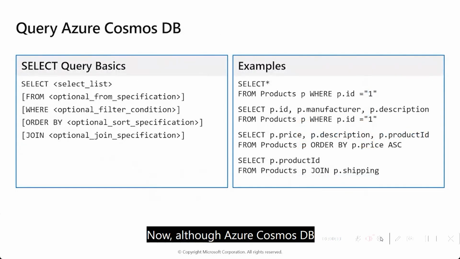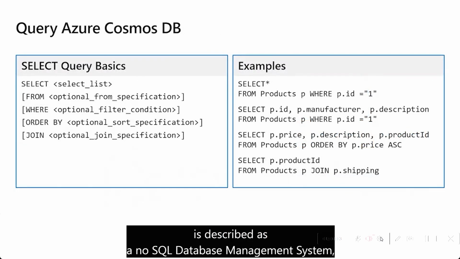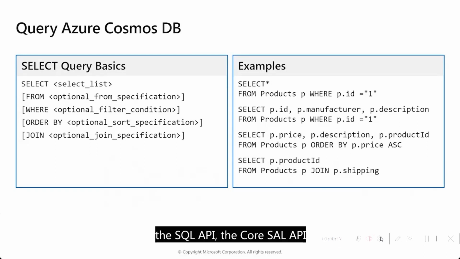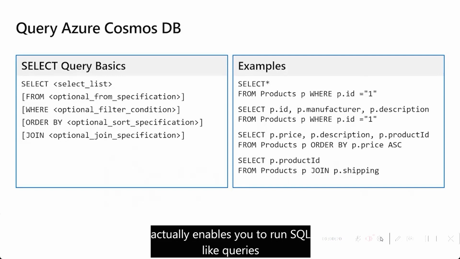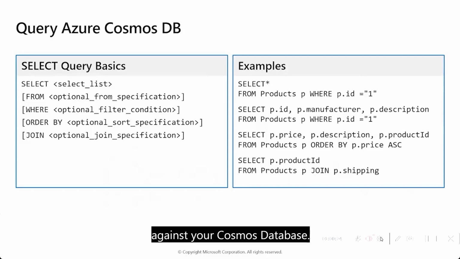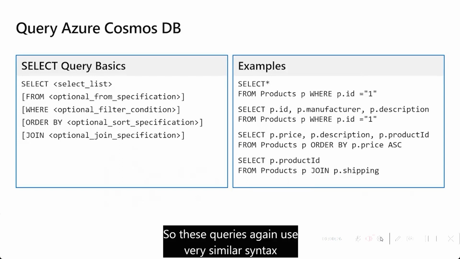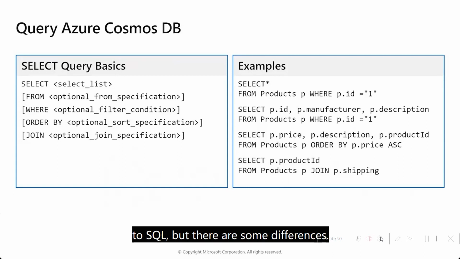Now, although Azure Cosmos DB is described as a NoSQL database management system, the core SQL API actually enables you to run SQL-like queries against your Cosmos database. So these queries, again, use very similar syntax to SQL, but there are some differences.